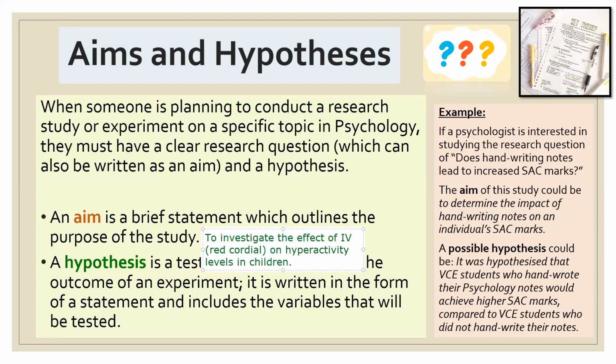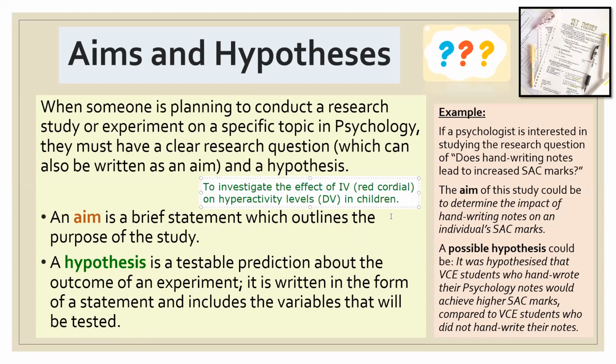You don't even need to mention the in children part. That's the DV. Okay, so that's simply what the aim is. The aim is usually just worth 1 mark or 2 marks if we were to ask you the aim of a research scenario. Usually starts with to investigate the effect of IV on DV.